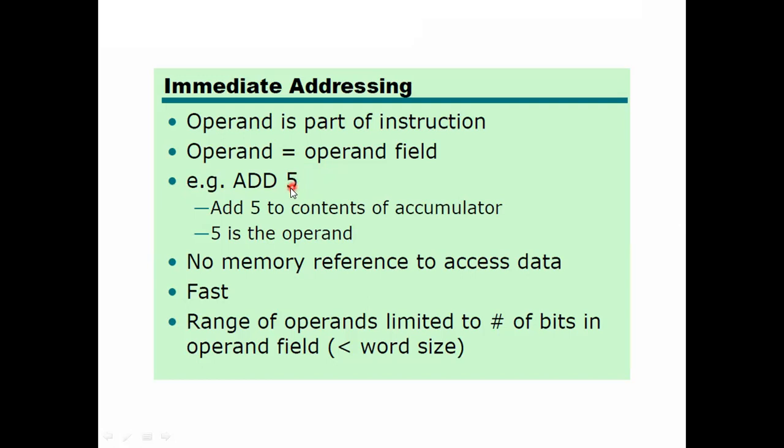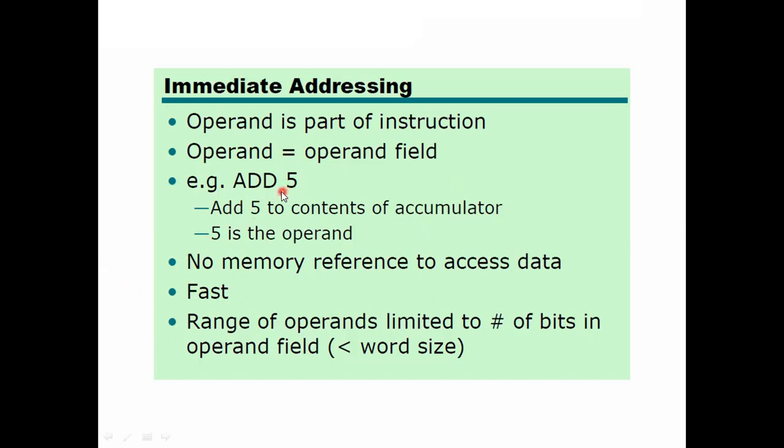The accumulator. Do you remember, in the previous class we discussed the basic instruction types: three address, two address, one address, zero address. This is a one address instruction, so only one operand is present, and the other operand is taken as the accumulator by default.